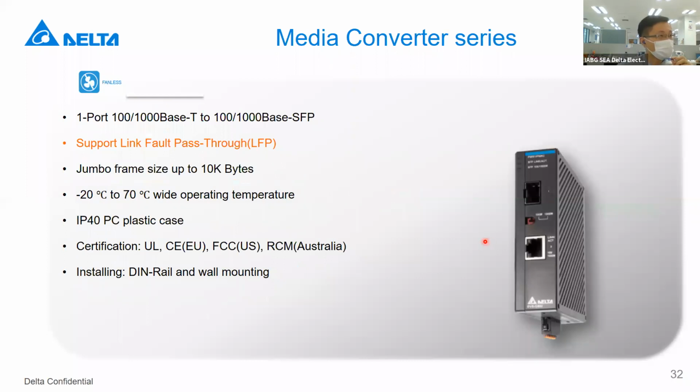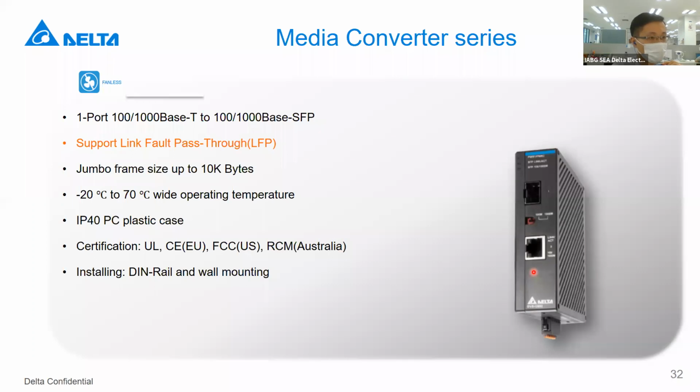And here these are the media converters. You can see from the front side, it has two ports: one RJ45 port and another one is SFP, the fiber. This is mostly used when there's an IP camera but the distance is very long, and you have to integrate the communication to the central control.